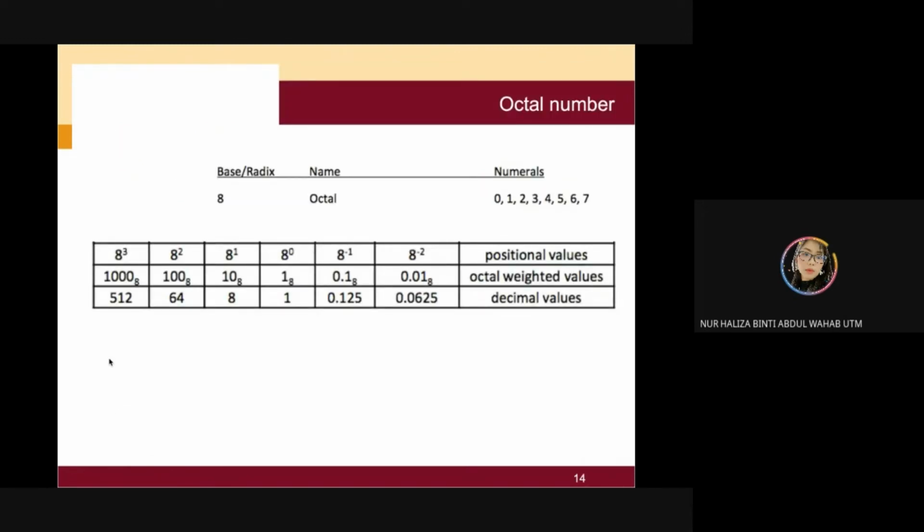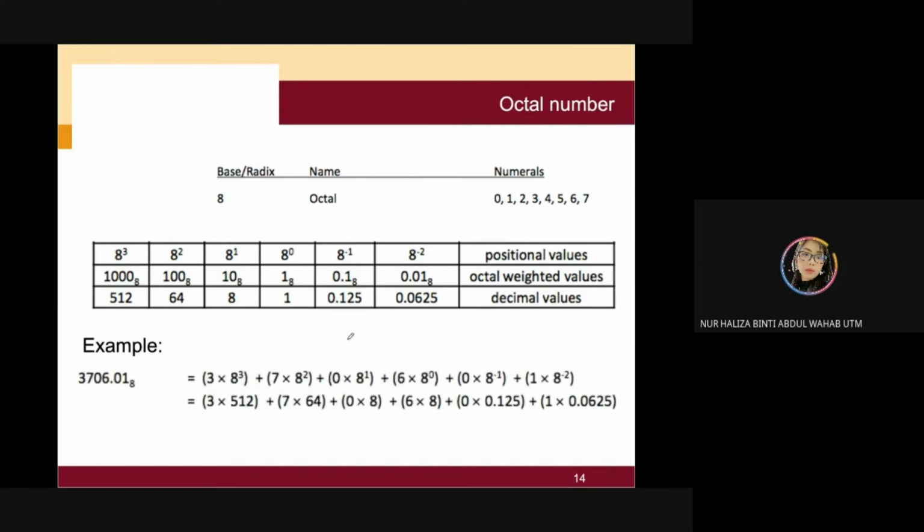Okay, now we go to our octal number. You can see that basically it's also similar.